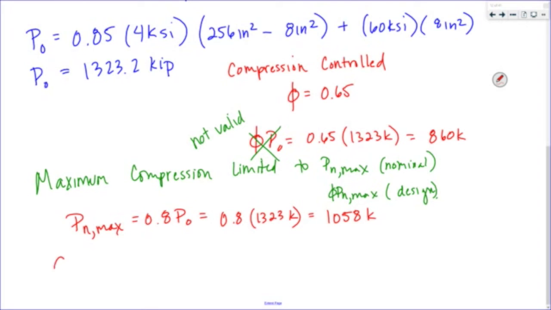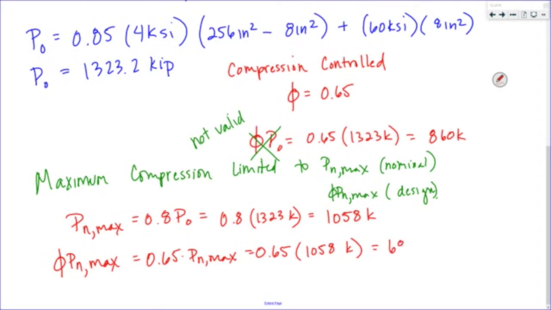And then phi PN max. I'm still just compression controlled. My phi is still the 0.65. There's no way, right? I'm literally in only axial compression. So 0.65 times PN max. So 0.65 times 1058 kips should give you 688 kips.